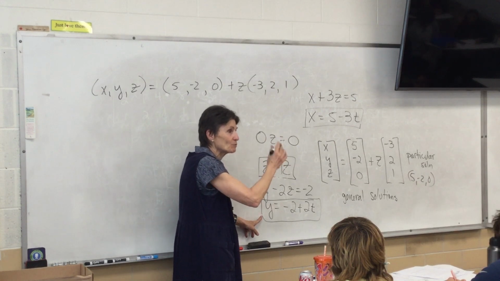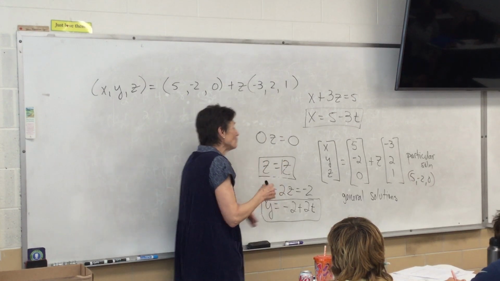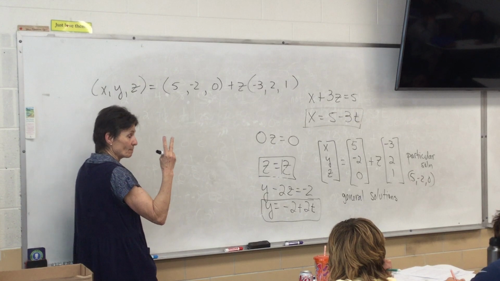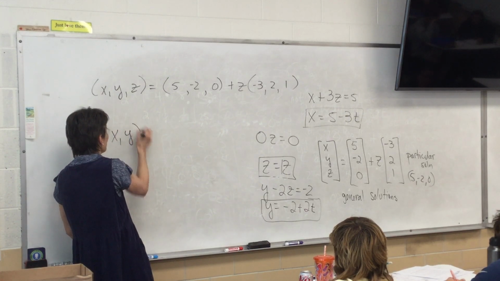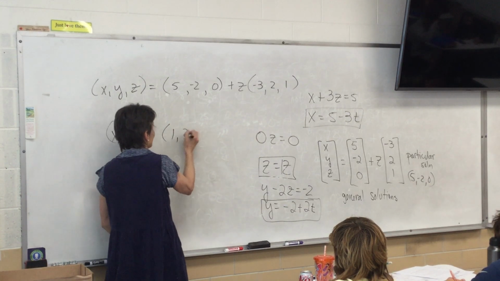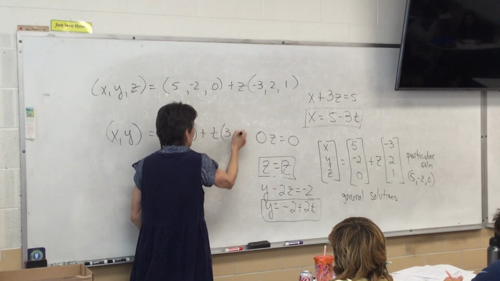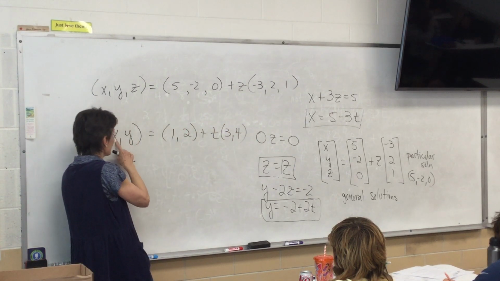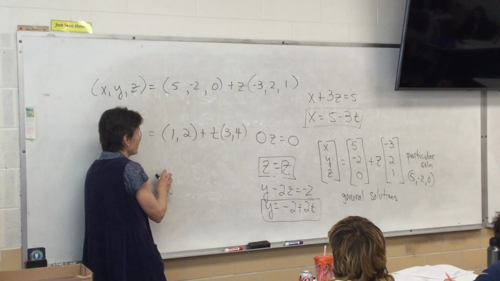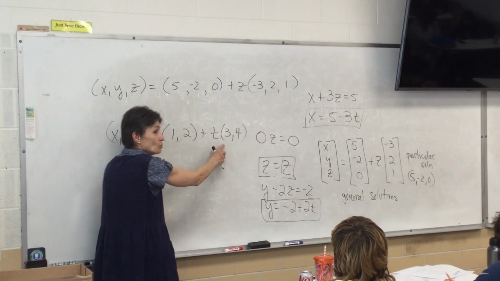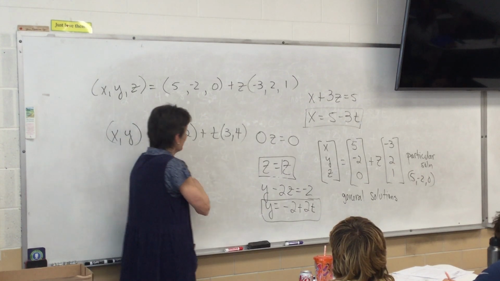I mean, aren't those parametric equations? And when we wrote in two dimensions, when we wrote the parametric equations of a line, it was something like this. And we said x equals 1 plus 2t, or 3t, and y equals 2 plus 4t, remember that?